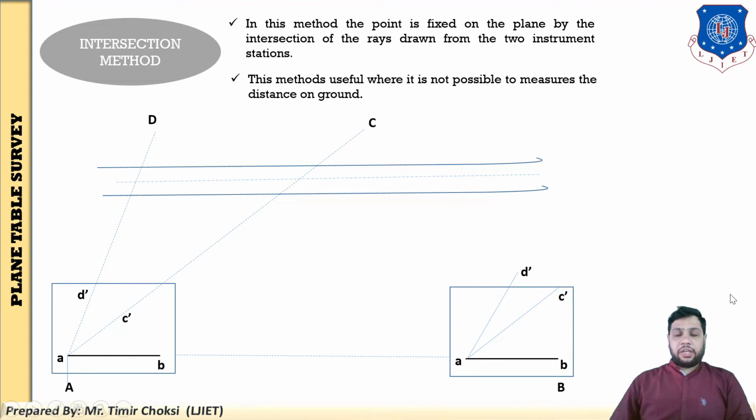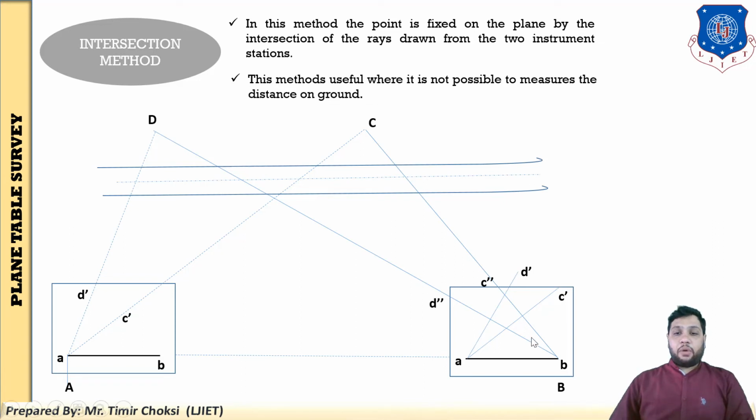After the orientation, you put the LED at small b and bisect the point C. Similarly, you bisect the point D, and you take these two points, C double dash and D double dash.